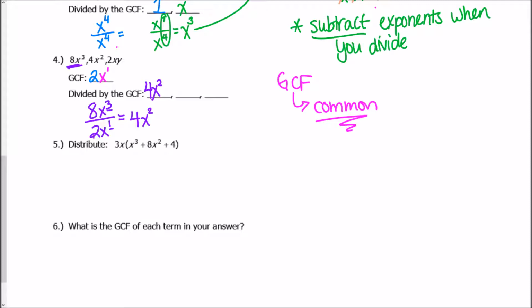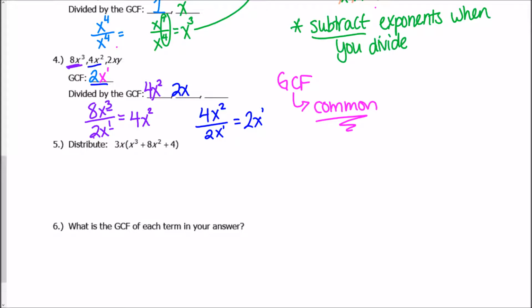Okay, now let's take the next term, which is 4x squared. Okay, so I'm going to take 4x squared, and I'm going to divide it by my GCF, which is 2x. So 4 divided by 2 is 2, and then x to the power of 2 minus x to the power of 1 is x to the power of 1. So I get 2x right here.